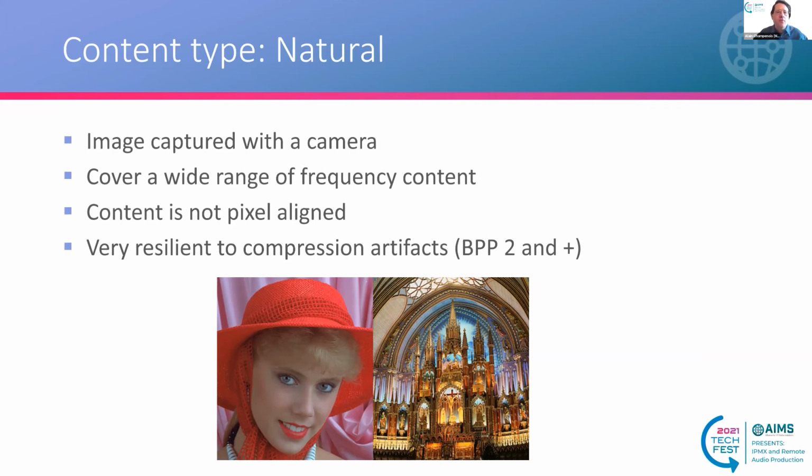This category covers a mixed range of content frequency, but excludes true high frequency content because of the discrete way the input was captured. Natural content is usually resilient to compression artifacts and will produce good results even at lower BPP. So starting at 2 and more, you should get either good or visually lossless quality.